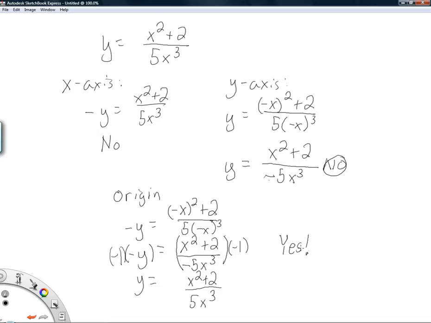Let's try one last one: y equals 5x cubed. So x-axis, plug in opposite y. Not the same, so this is a no. Y-axis, plug in opposite of x.